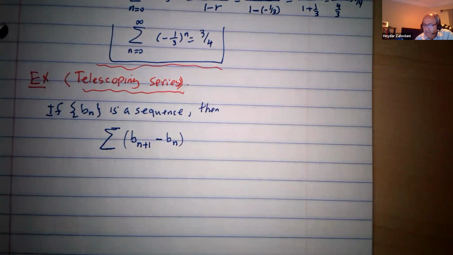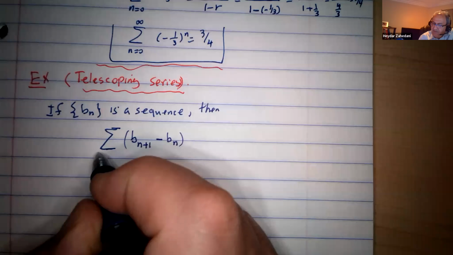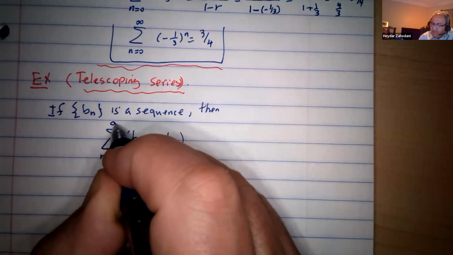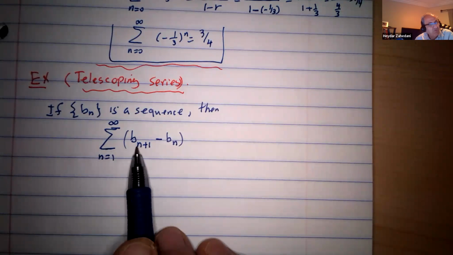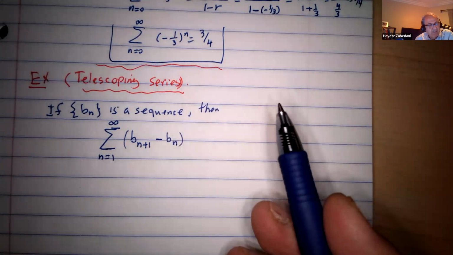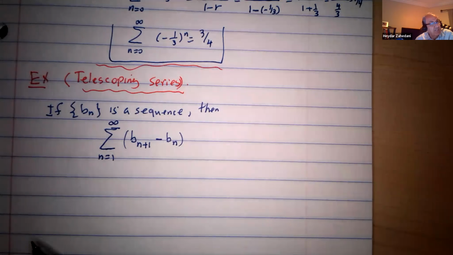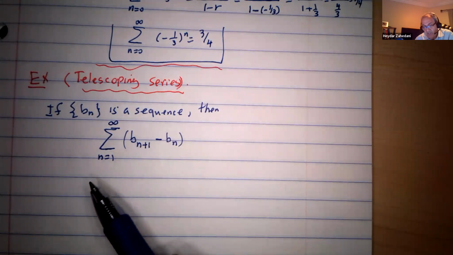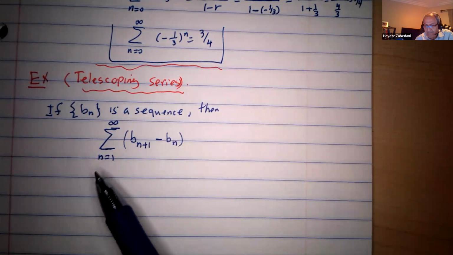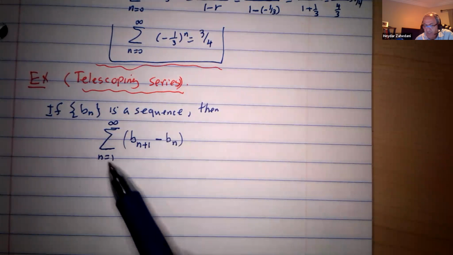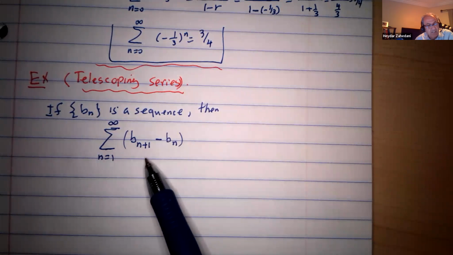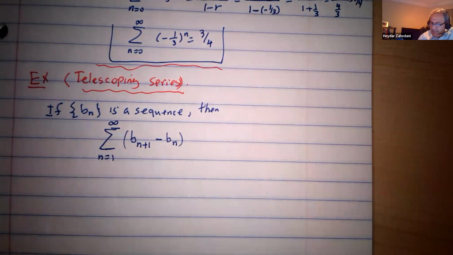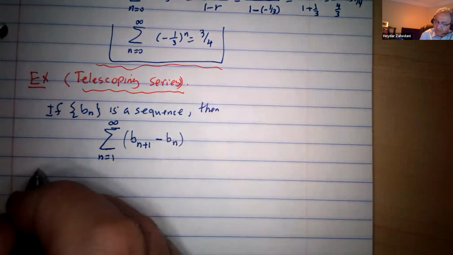Bn is a sequence to start with, but your series would be of this format, n from 1 to infinity. So for example, if the Bn is 1 over n, this would be 1 over n plus 1 minus 1 over n. So then quickly you realize that this is going to be the case. We have some series, trigonometric series, especially natural log, they are going to be in this format. That's why we need this group. So if Bn is a sequence, this format is called a telescopic series.